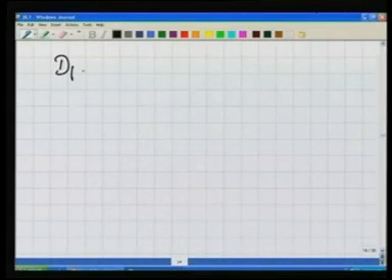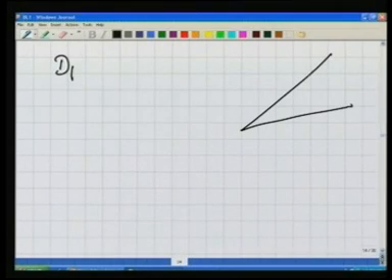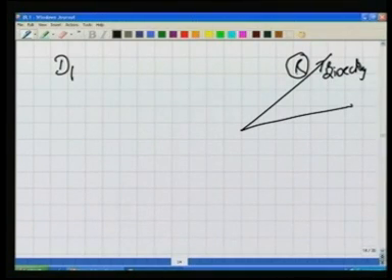Now how will the error propagate in this case? In the case of D1, we are taking only one reading here, and we are bisecting it. First the reading, and then we bisect this one.